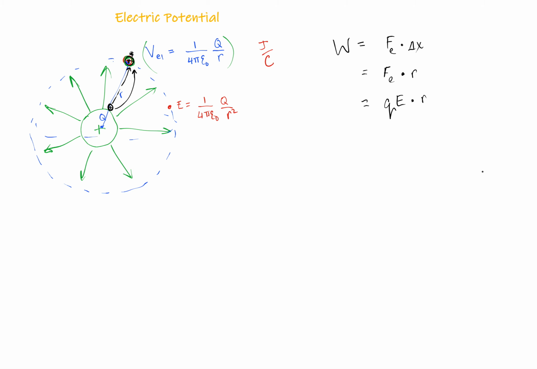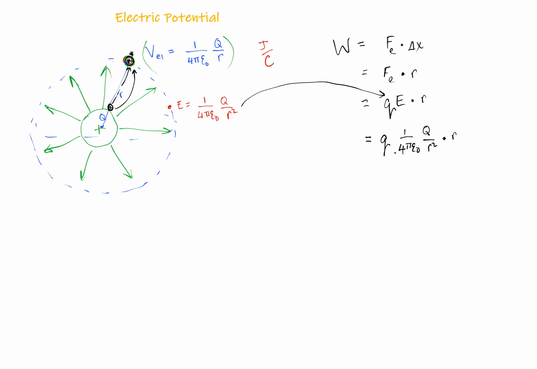Now, I know that the electrostatic field equation is this. And so I'm going to plug it in for E over here. And I'm going to leave that as q times 1 over 4 pi epsilon naught times Q over r squared. So that's all this. And then I have to multiply it by r.